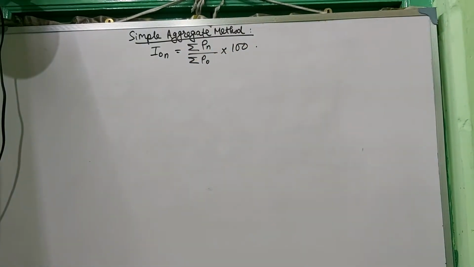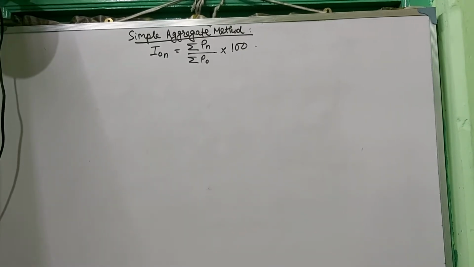Here Pn is the price of the given period, which I have already discussed, and P0 is the price in the base period, which has to be multiplied by 100. You will get the simple aggregate method.